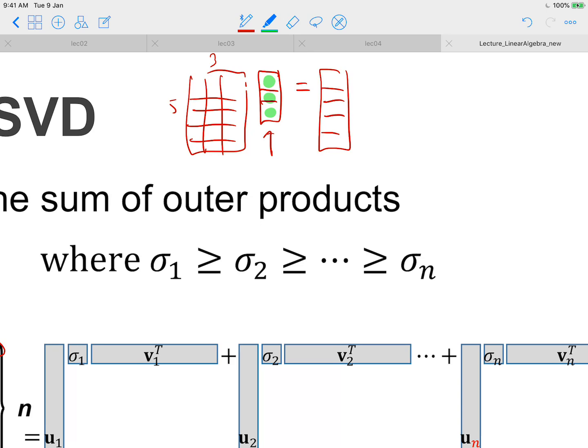If we set this result as all zeros and collect all the possible solutions that satisfy this equation, that set of vectors is called the null space. That is the basic definition of the null space.